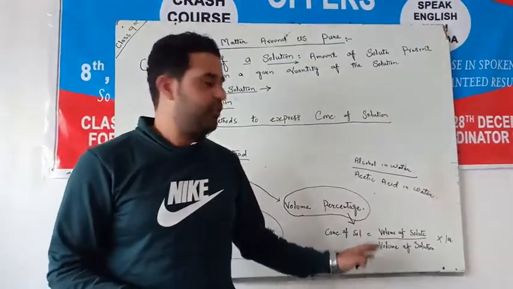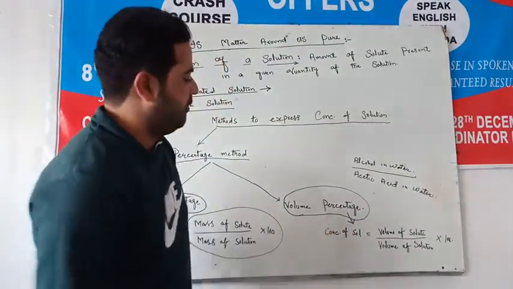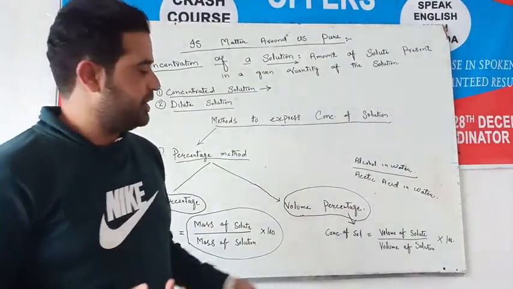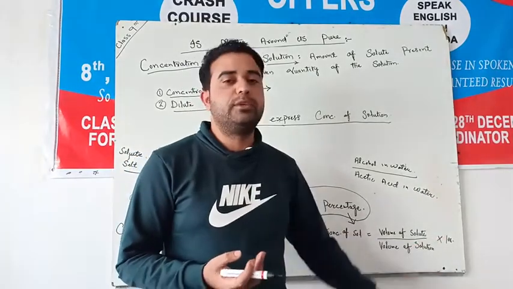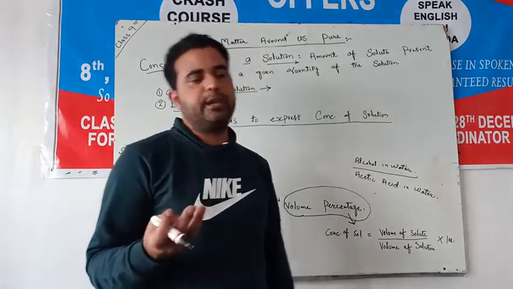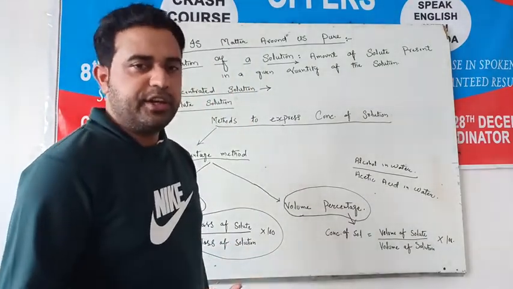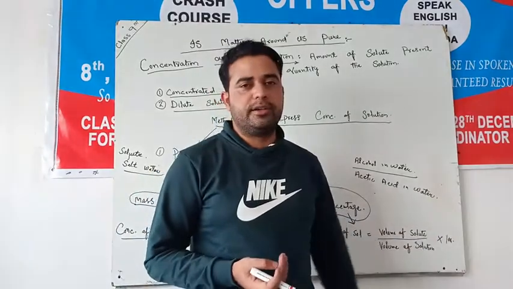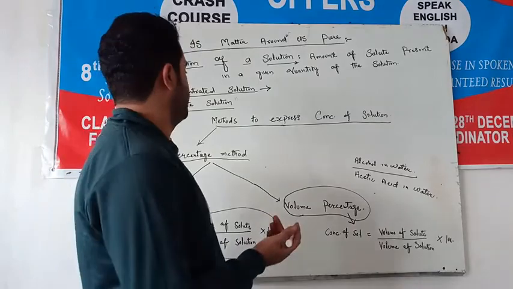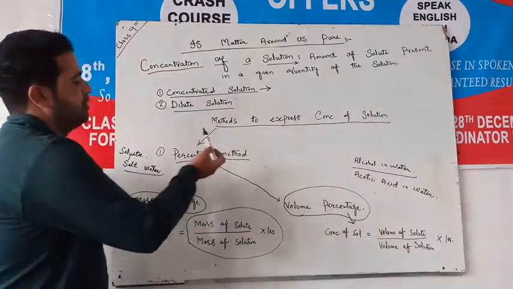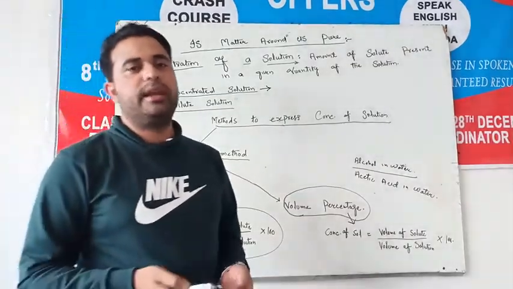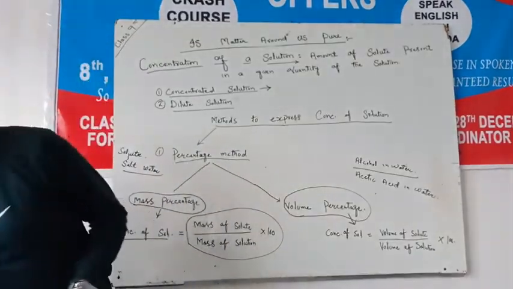In the same way, if we have liquid in liquid, then we use the volume of the solute, in milliliters or liters, divided by the total volume of the solution, in milliliters or liters, into 100. By this method, we can determine the percentage or the concentration of a solution, whether it is a solid in liquid solution or a liquid in liquid solution.